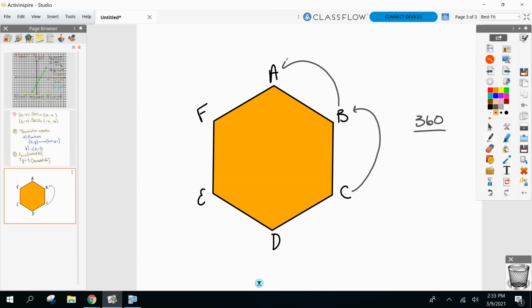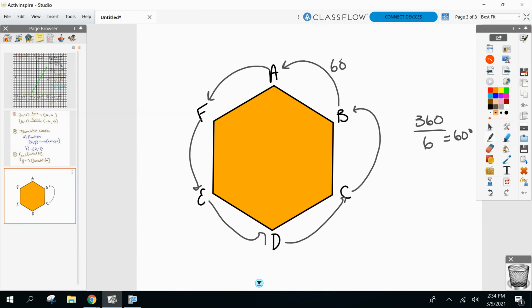So C to B, B to A, there's 2, 3, 4, 5, 6 rotations. And yes, it does match the number of sides. It always will. So I take 360 divided by 6, and that tells me I can go 60 degrees to get this figure onto itself, or back to the original diagram that I have up here now.